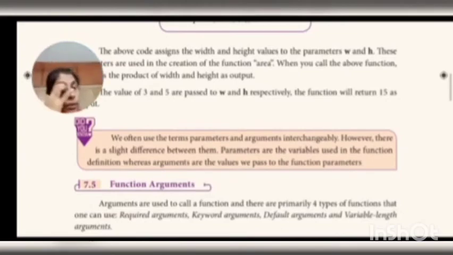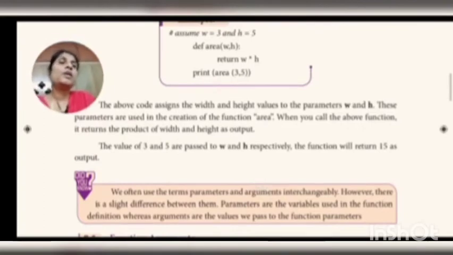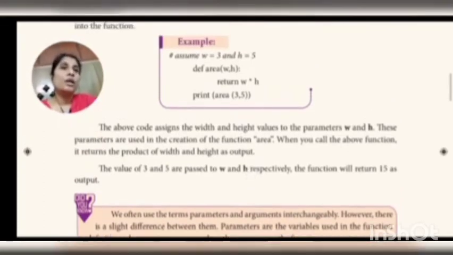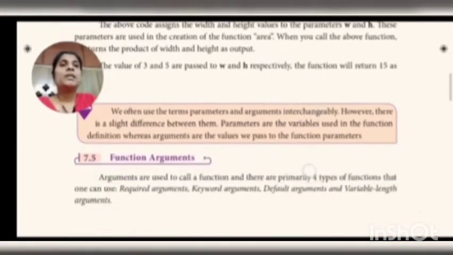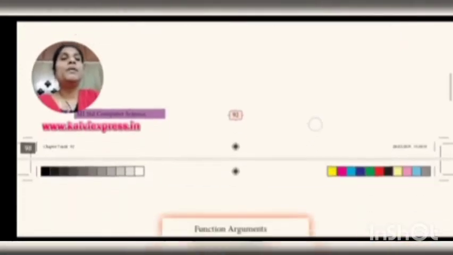Function arguments means the values, here 3 comma 5. These are called function arguments. And in def area w, h, those w and h are called parameters. This is the difference we have between Python and the previous languages.